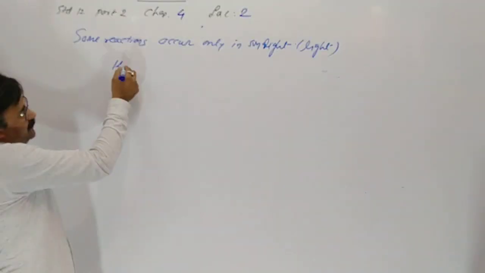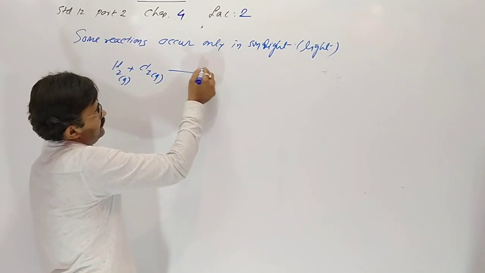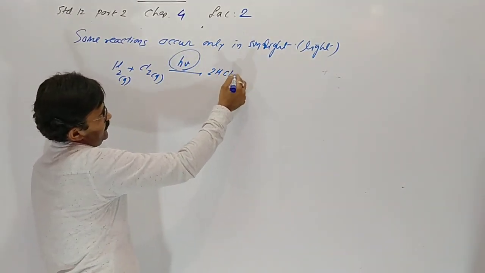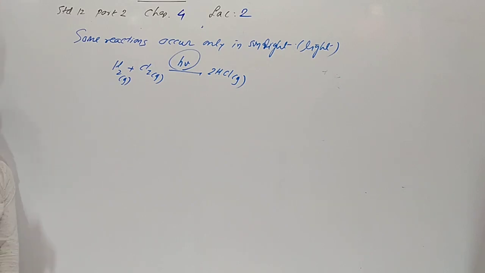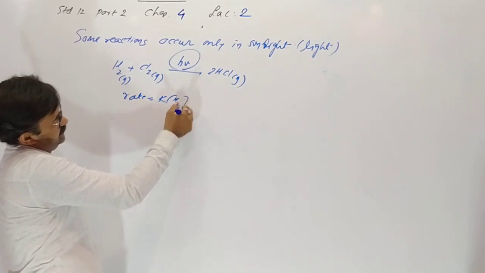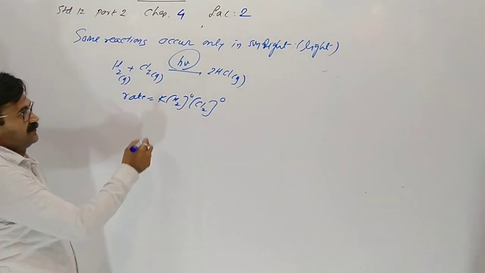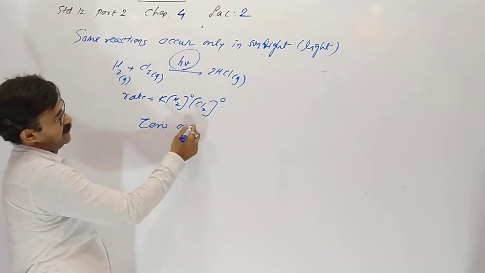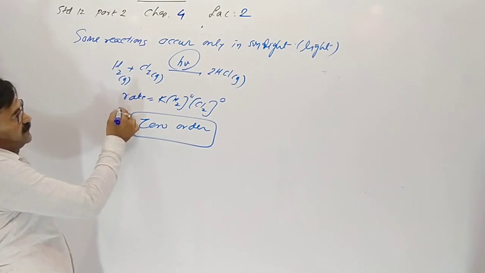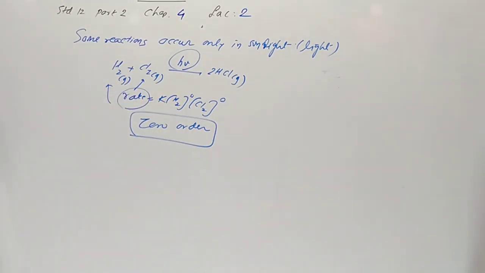I am giving you an example. Hydrogen is reacting with chlorine in a closed vessel. In the presence of sunlight, it gives hydrochloric acid. So the rate of this reaction is equal to K H2 raised to 0 Cl2 raised to 0. Yes, so the reaction is zero order. The rate of reaction is not depending upon the concentration of hydrogen and chlorine.